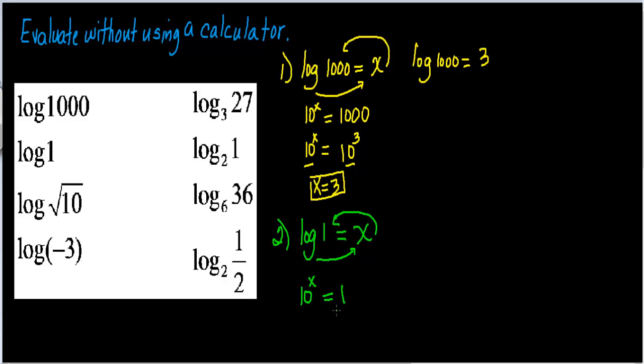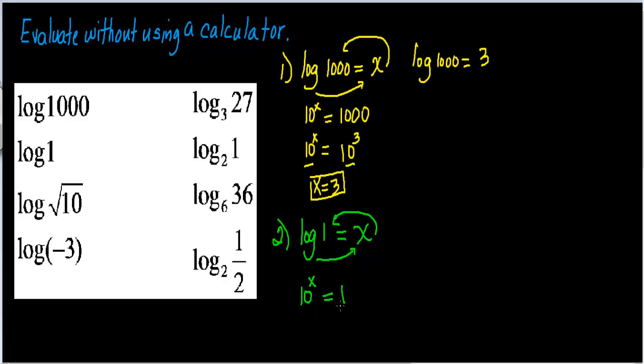Now, how do I get 1? I can't change 1 and make it a base 10. There's no way I can do that, the way I was able to take 1,000 and write it as a base 10. 1 doesn't become 10 by magic. So the other thing to think about is, anything raised to what power gives you 1?